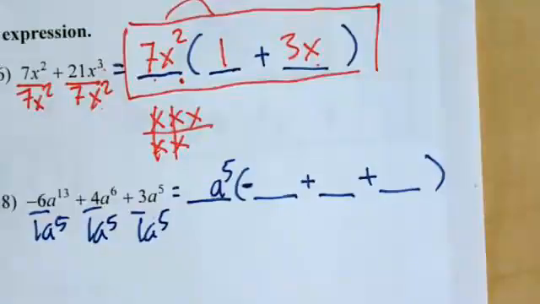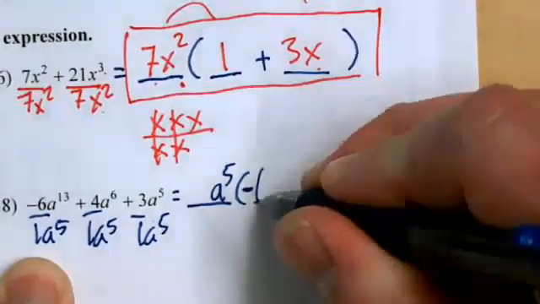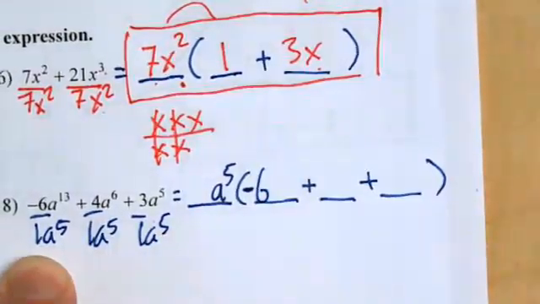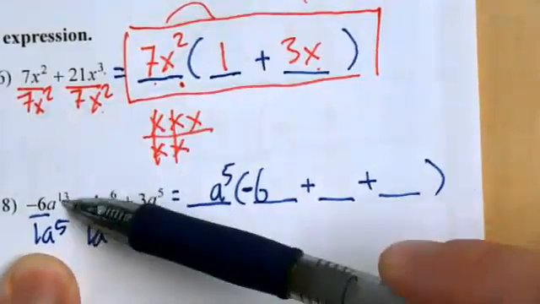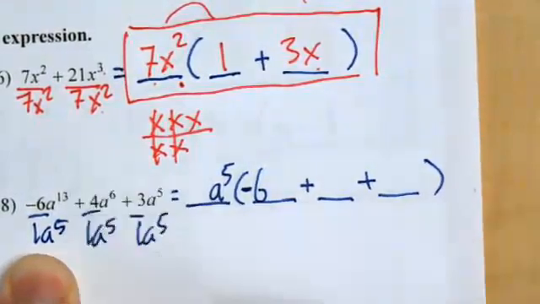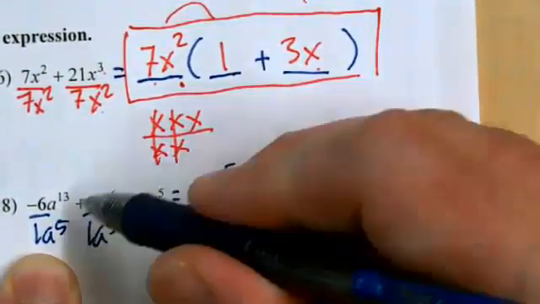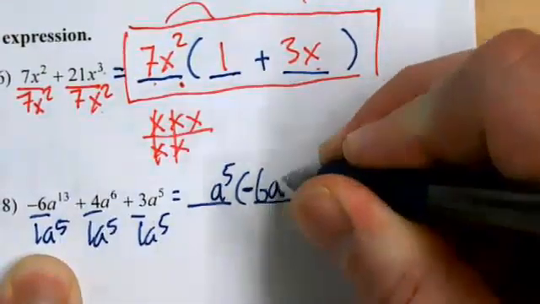Well, that's going to make our answer pretty easy then, right? 6 divided by 1 is just 6. Now help me out here. What is a to the 13th divided by a to the 5th? What am I going to do with these two exponents? When we divide, what do we do to the exponents? We subtract them. Thank you. 13 minus 5 is 8.